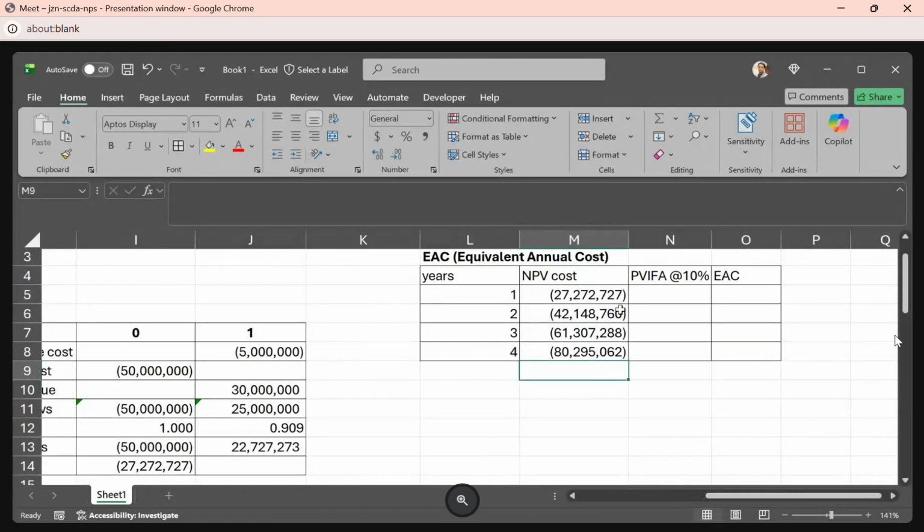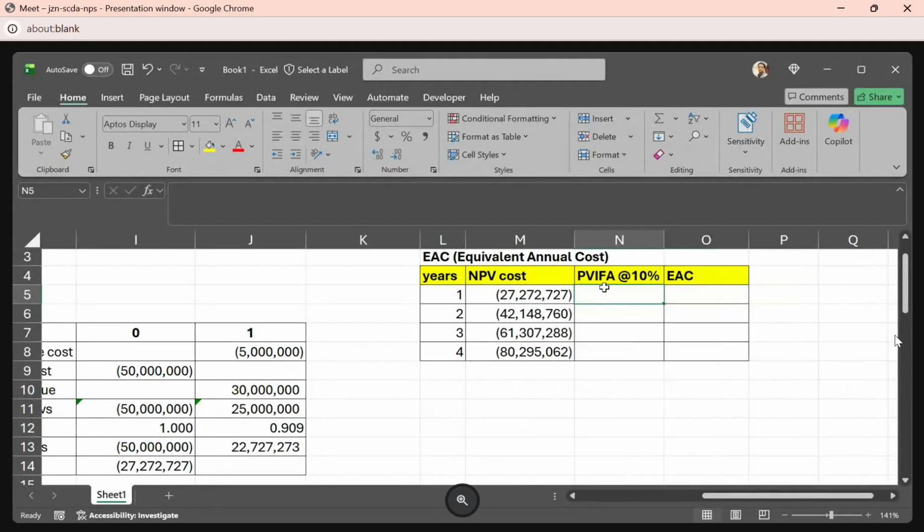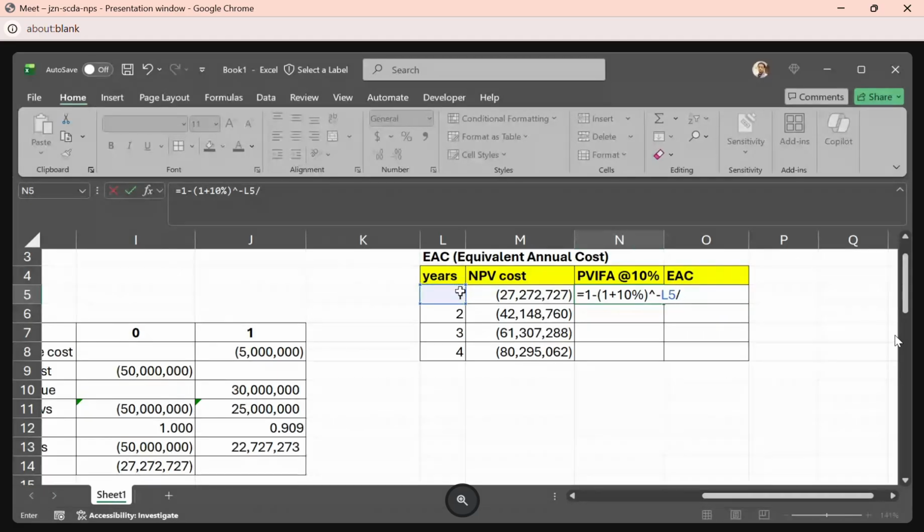So now let's determine our present value interest factor of an annuity. You know what will happen there? We said 1 minus (1 plus rate 10%) to the power negative n, then we divide by r.